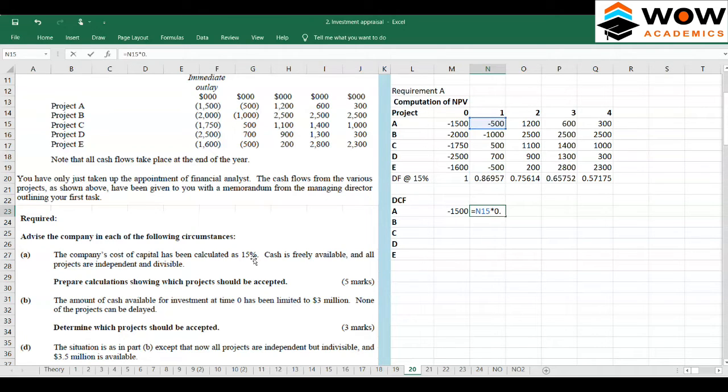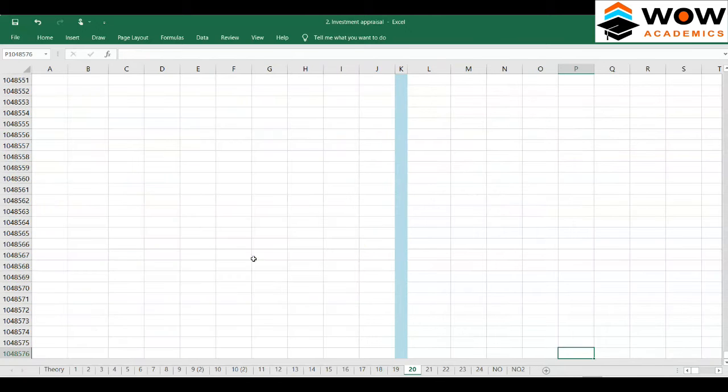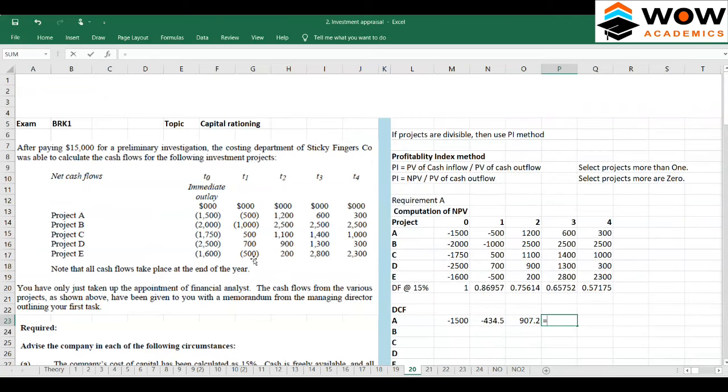So 0.869 into 0.756 into 0.657 into 0.571.